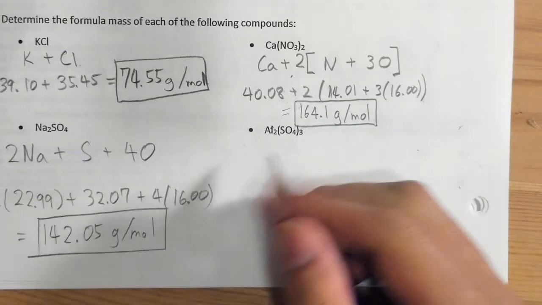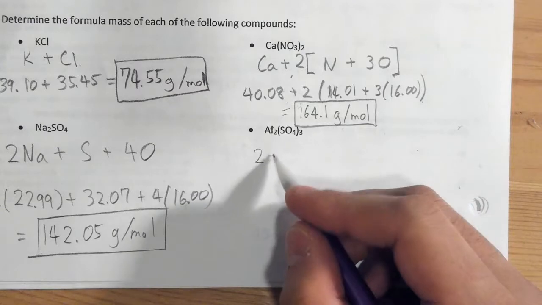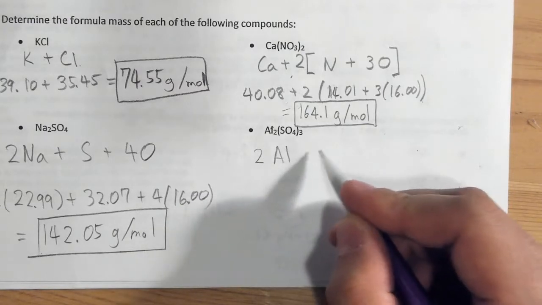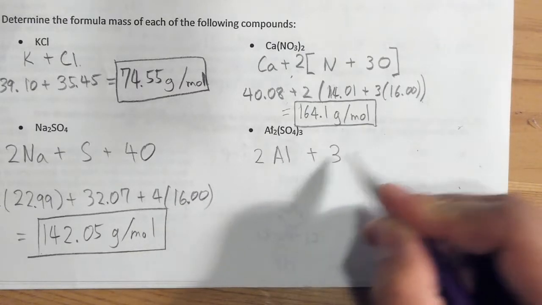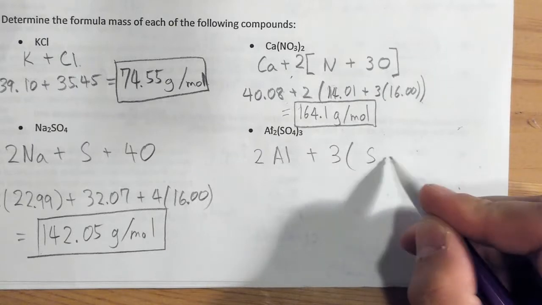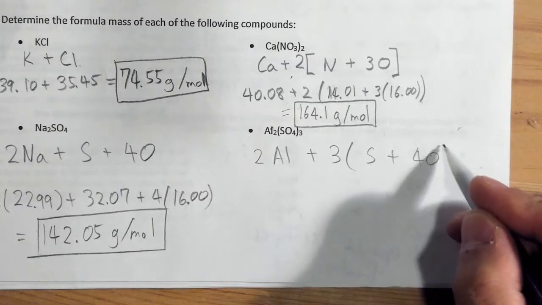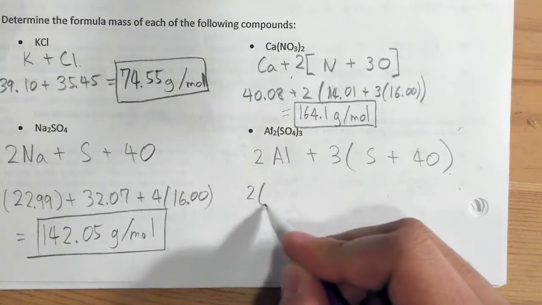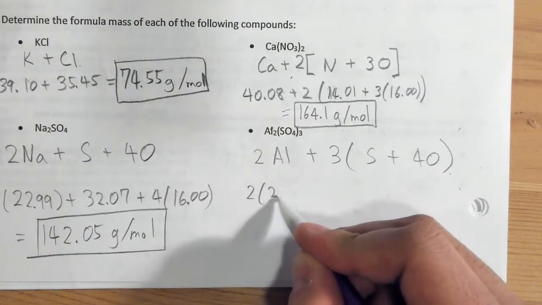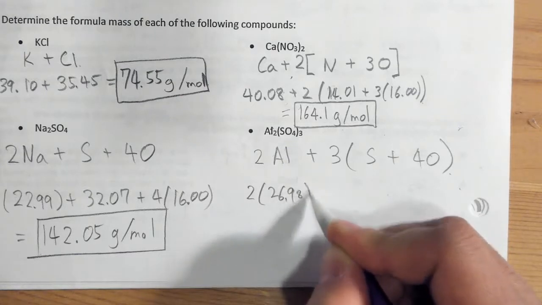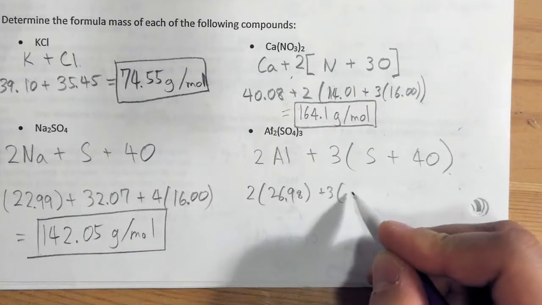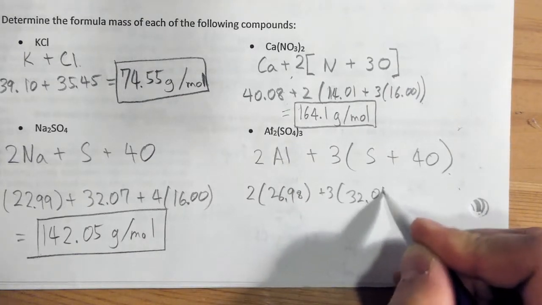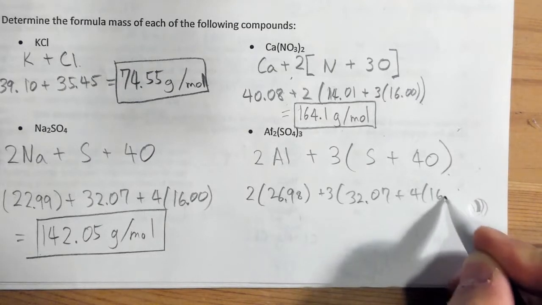Okay, next. There's 2 aluminum. Alright, I'm going to speed this through because it's basically calculation. S plus 4 times O and parentheses. Okay, so that means there's going to be 2 aluminum. Aluminum is 26.98. 3. Sulfur is 32.07 plus 4 times 16.